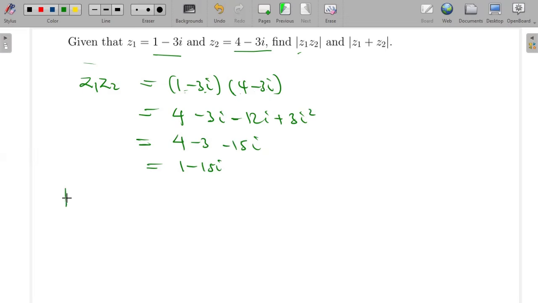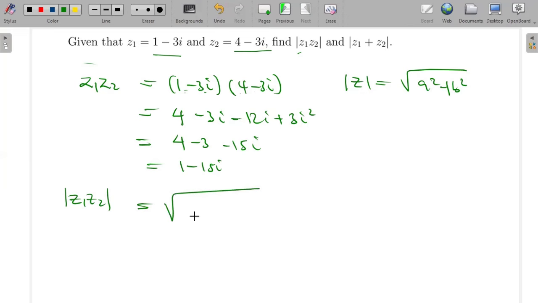Now, when they're saying z1 z2 and then modulus, we should recall that the modulus of z is just equal to the square root of a squared plus b squared. So we're going to do the same. Our a in this case is 1. So I'm going to square 1 plus, then our b is just negative 15, like that.